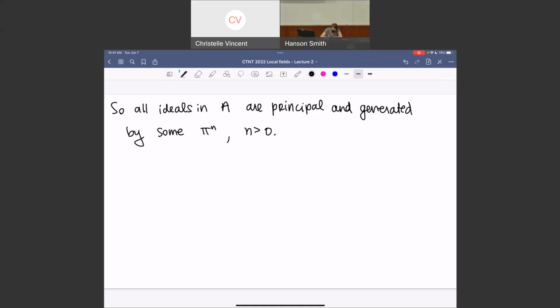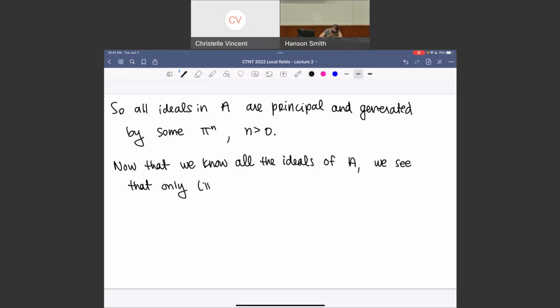So now that we know all the ideals of A, we see that only the ideal generated by pi is prime. All others are not.